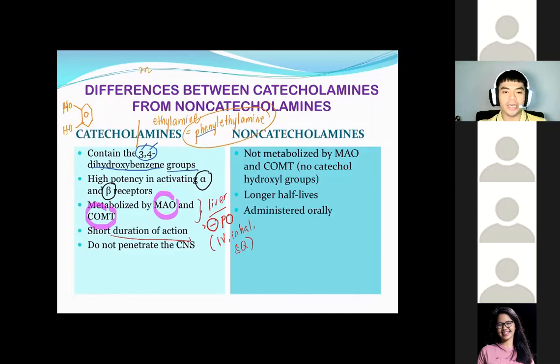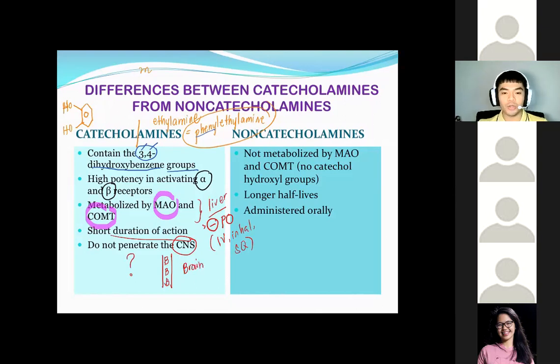And finally, they do not penetrate the brain or the CNS. Why? Bakit hindi sila nagpe-penetrate sa utak? Para ang gamot ay tanggapin ng brain, kailangan makadaan ang gamot sa tinatawag na blood-brain barrier. Para ultimately, the drug could reach the brain.